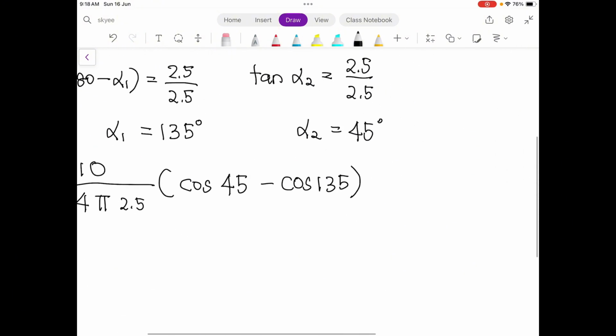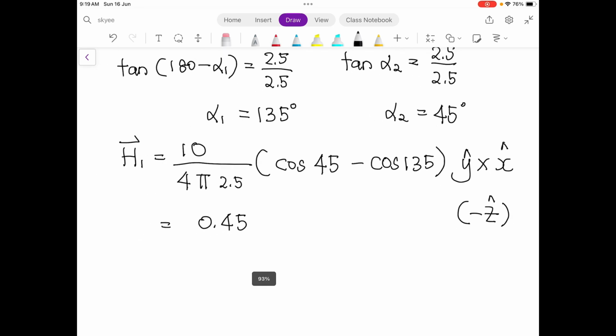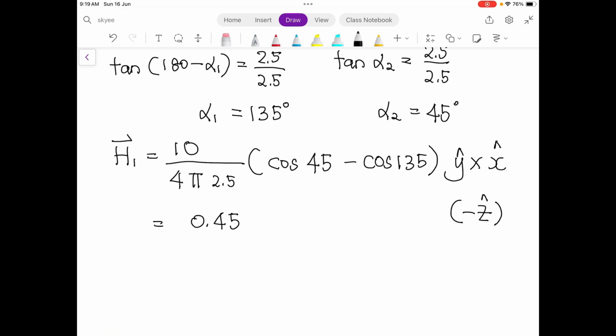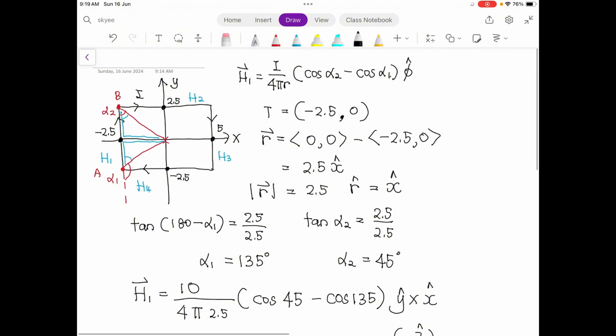This one I assume myself. Cross with the unit vector r, x, this gives me negative z, and over here I get 0.45. This is H1.